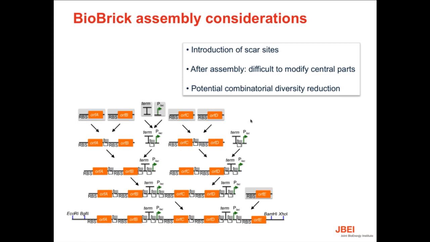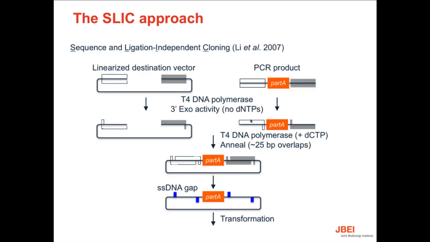Now, beyond BioBricks, there's a large variety of more modern approaches that are more sequence independent. This is just one flavor of these flanking homology methods, and this is SLIC, which stands for sequence and ligation independent cloning. The idea is that you might have some type of linearized destination vector, which you might derive from PCR or a digest, for example.